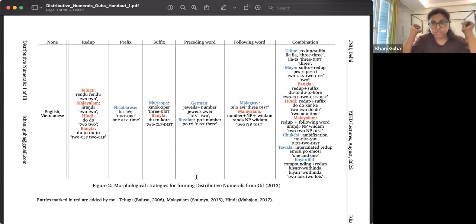Usually papers on distributive numerals talk about one strategy without even mentioning that there are other ways to talk about it, right? Those are great works. Those are not bad works at all, but a lot of interesting questions lie in the variation also, right? So when you are investigating these expressions in a language where these things have not been studied or have not been studied extensively, you should note the variation. Okay.